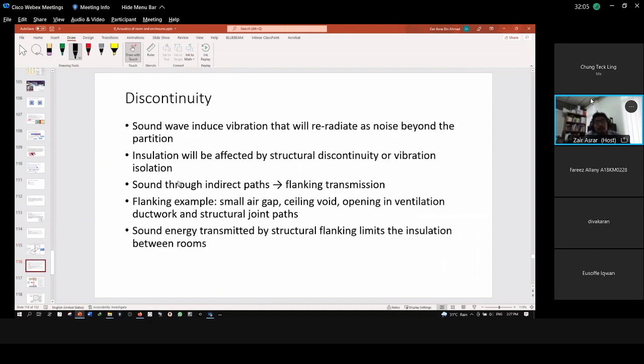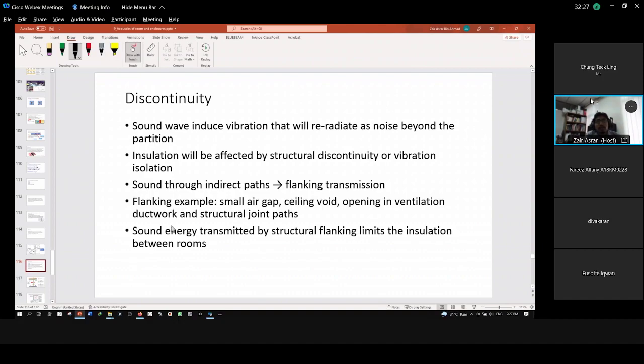If we have discontinuity, sometimes this discontinuity can act as a sound source as well. For example, if we have a hole, when high frequency sound reaches this hole, the hole will act like a sound source.